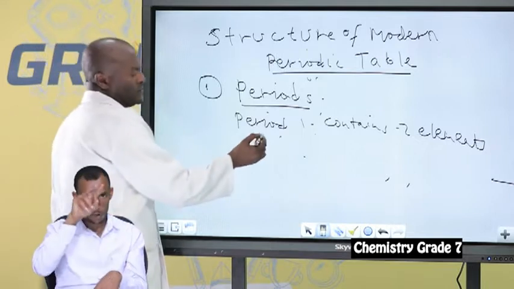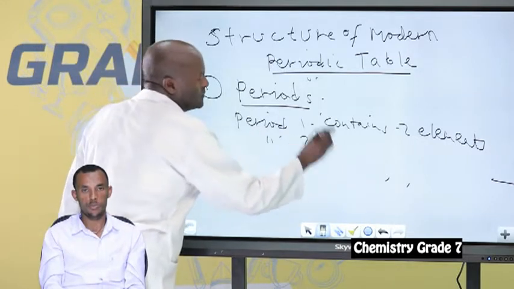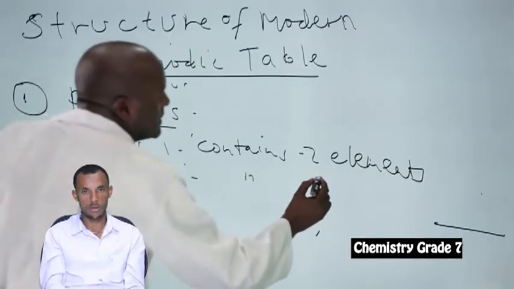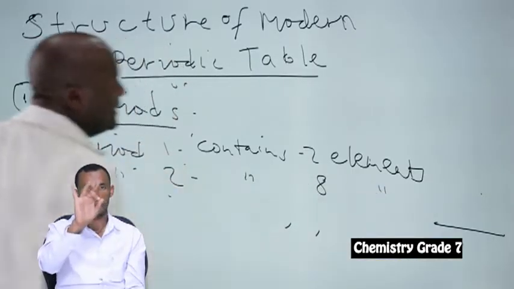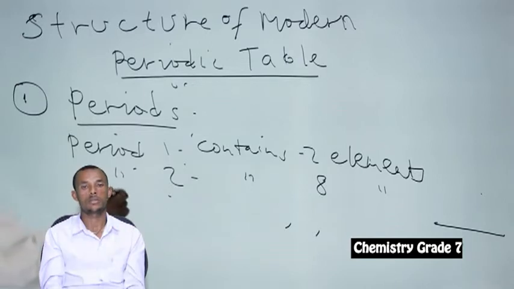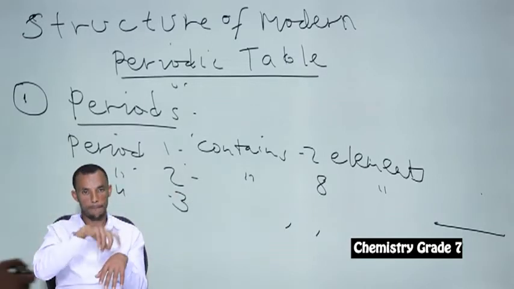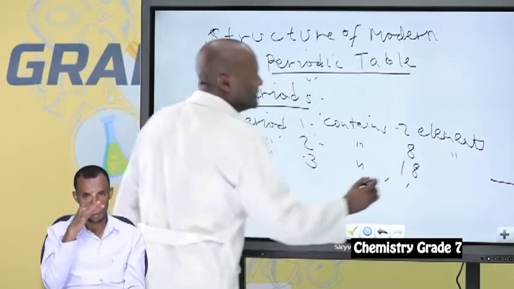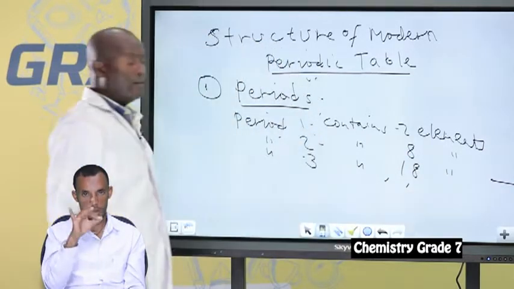Period 2 contains 8 elements. Period 3 contains 18 elements.